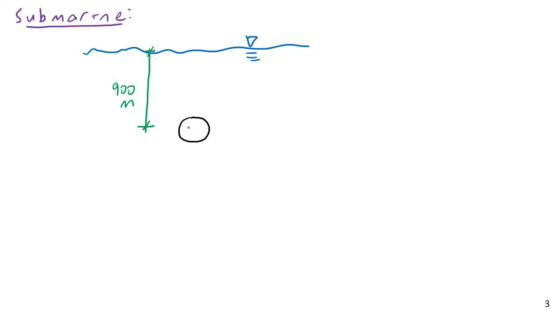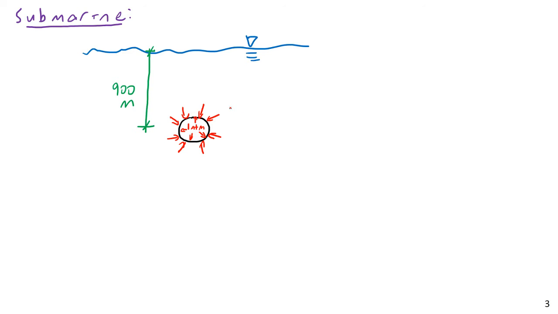So pushing outward, I'm going to have the gas inside the submarine, which for our purposes, let's assume is exactly at 1 atmosphere. Now you might be able to make things easier by pressurizing it, but let's just say this is at 1 atmosphere. And then on the outside, the water would be pushing in with another much greater pressure.